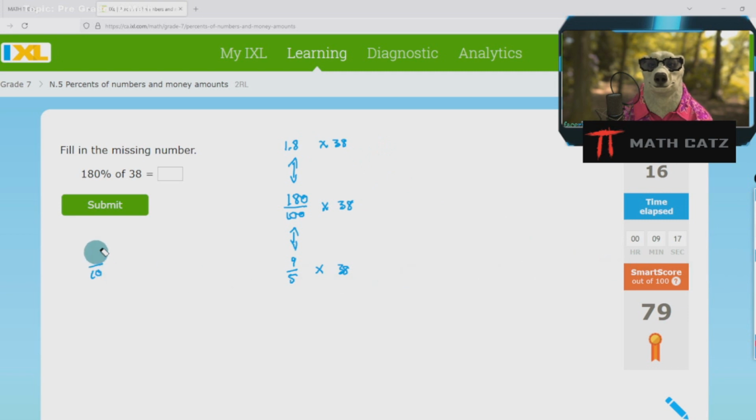Maybe we should do both. That might be worth it, to spend more time on one question and get the most out of it. Which way shall we go? Let's go this way for the bottom one, and I'll go that way for the top one. Let's do the fraction first.